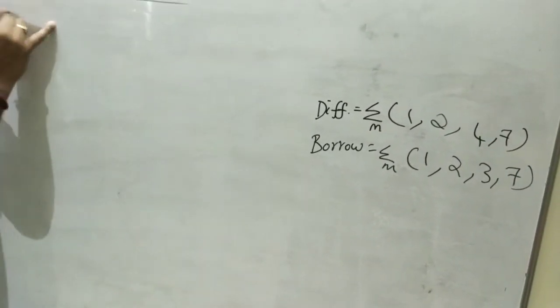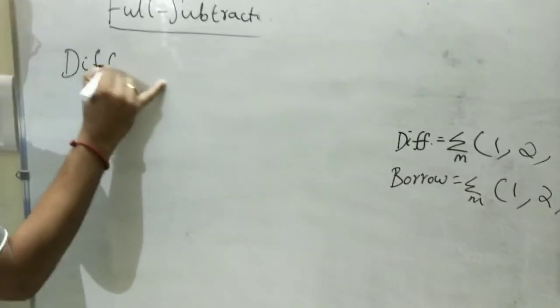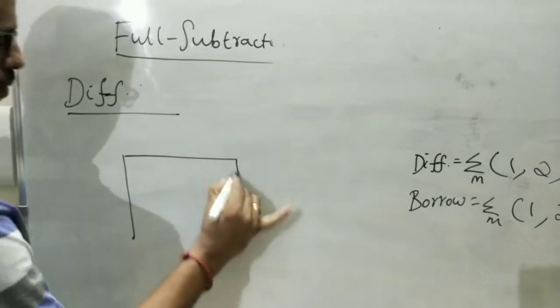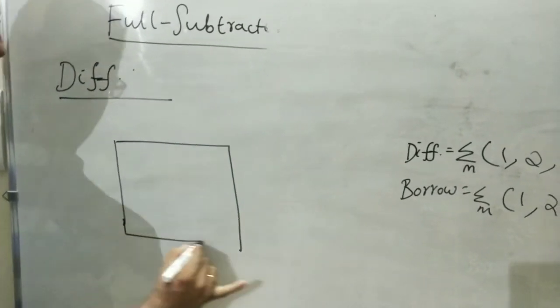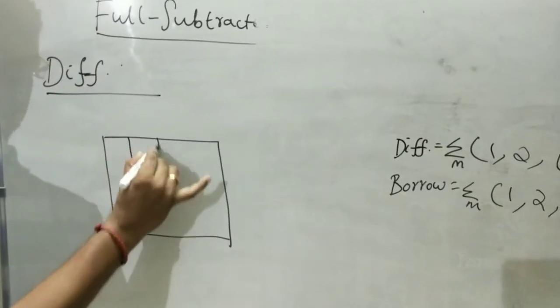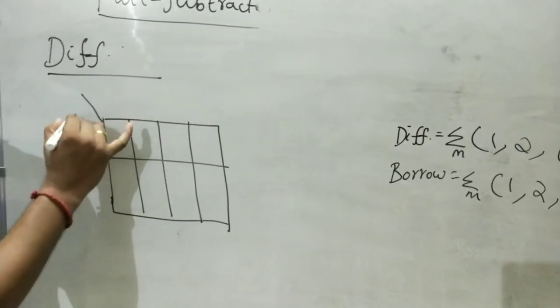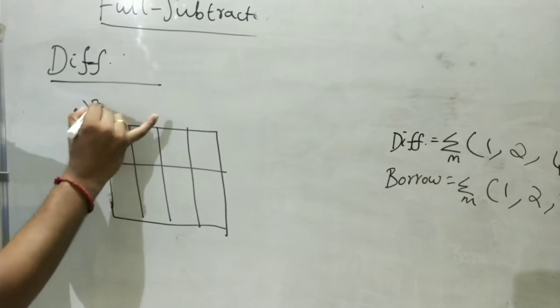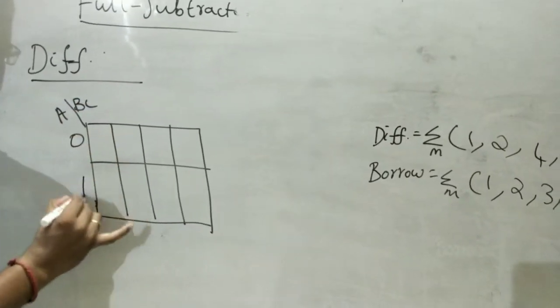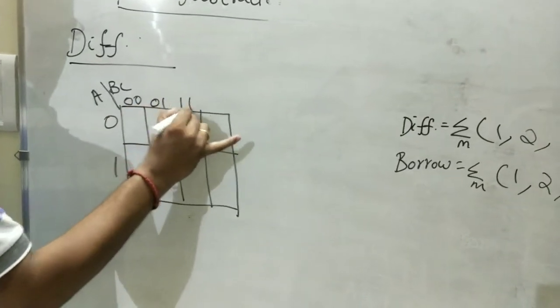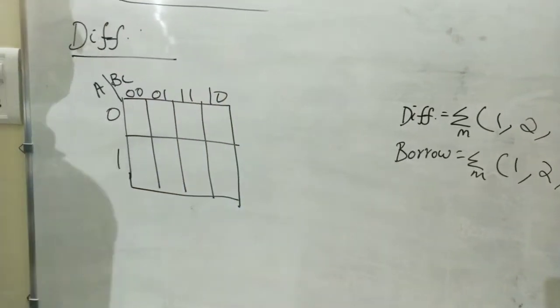For difference, so 3 variable, so 8 cells, A is 0 1, for BC it is 00 01 11 10.